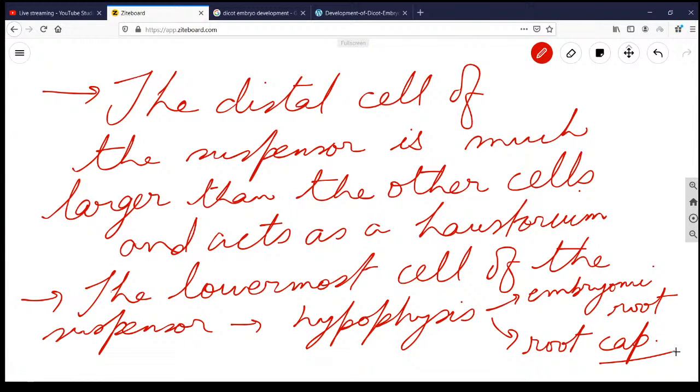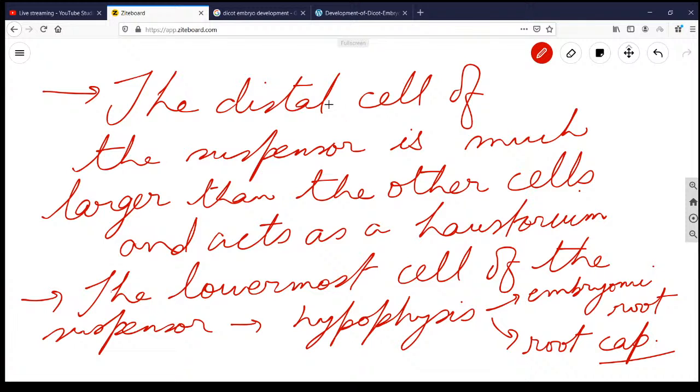In most dicotyledonous plants, the general course of embryogenesis is as I have described to you in Capsella bursa-pastoris. This is the entire embryogenesis pattern, how we analyze the different stages of embryogenesis in dicotyledonous plants.